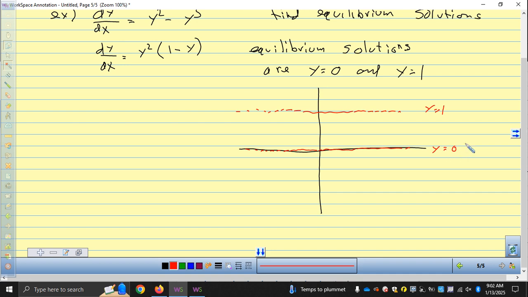We can get information about how this differential equation behaves in these three areas of the plane. So when y is less than 0, down here, we can plug in some value less than 0. Is our slope positive or negative when y is less than 0?